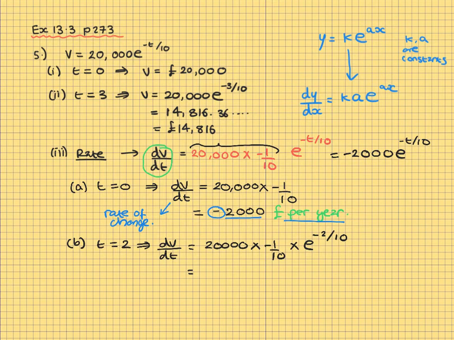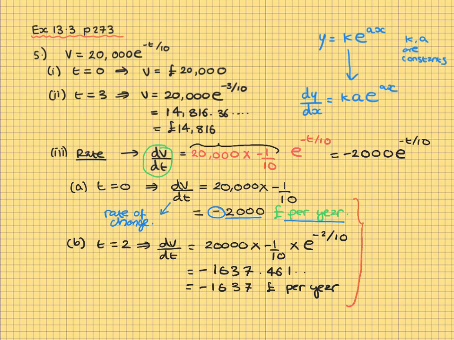This comes to a value of negative 1,637.461... or negative £1,637 per year. Now, there's a bit of phrasing here that I think we have to be careful about, because the question says, find the rate at which the value is falling, not the rate at which it is changing.